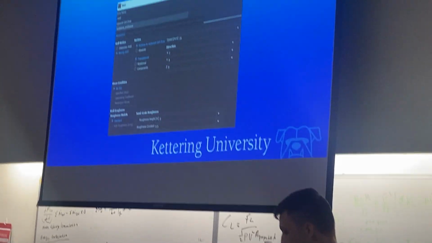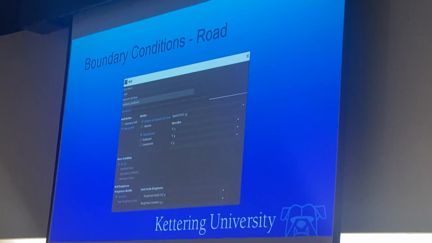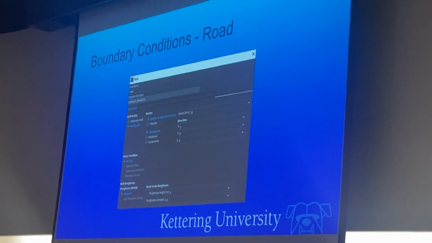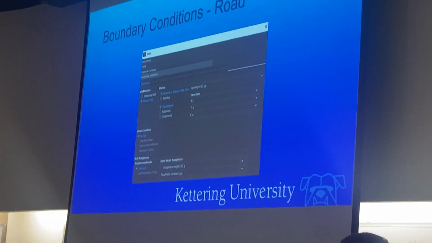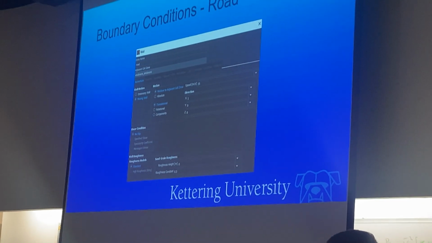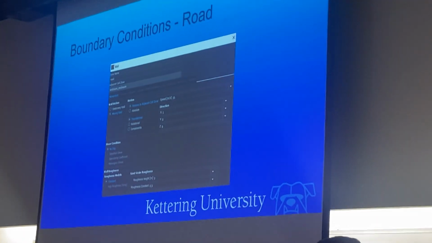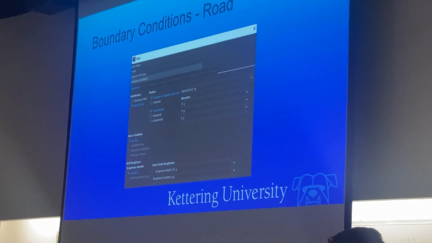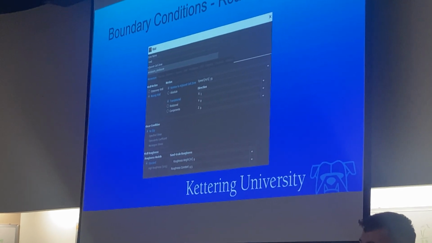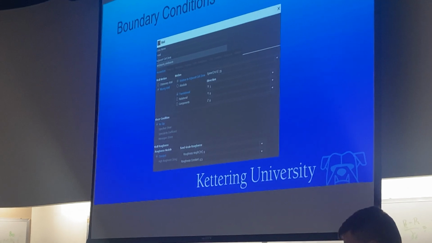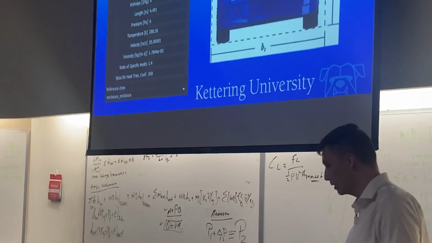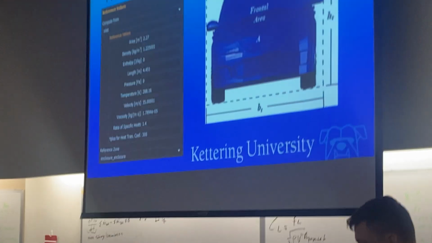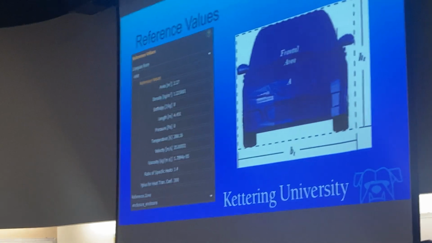And then the road, which is maybe the biggest deviance from what we saw previously, but in this condition, we gave it a moving wall condition with the same velocity as the wind inlet to represent the moving road condition that you would see with a car. And then probably the most important aspect of this is giving the software some reference values.